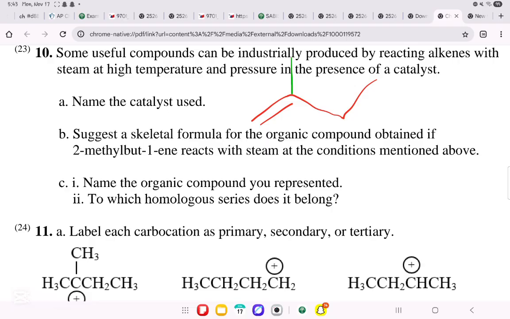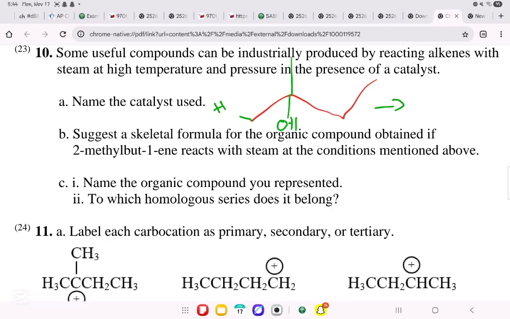Now, how will the alcohol be produced? We'll break the double bond, right? And what happens when we break the double bond? We'll have the addition of a hydrogen over here and the addition of an OH group over here, or the other way. It doesn't matter.